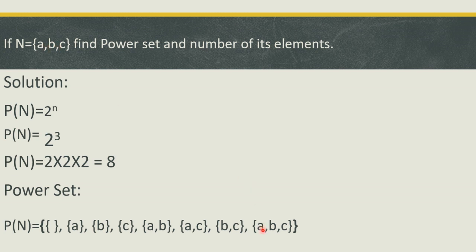So the last subset is A comma B comma C. Let's count. We have to make a power set containing 8 elements. So let's count: 1 2 3 4 5 6 7 and 8.